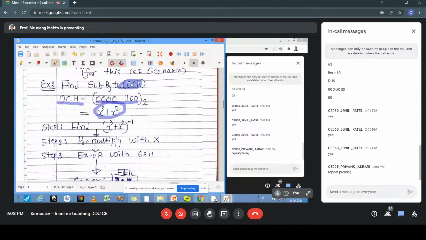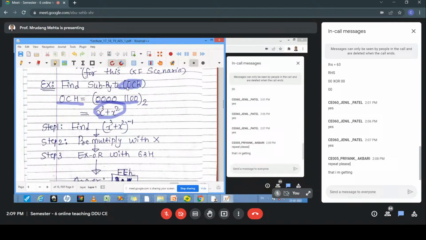See, what we are doing is that we want to find the substitution of 0CH. 0C is in hex, so we first have to convert it into binary. It is very simple, right? First, 0 is converted into its 4-bit equivalent because one digit can be represented by 8421.